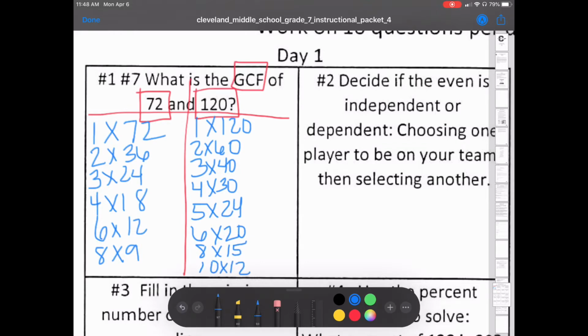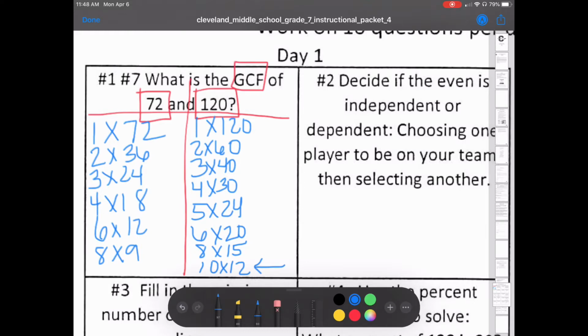If I wanted to keep going, I could try 11. 11 is not a factor of 120, so then I would go with 12, and I would get 12 times 10, and that would repeat this one right here. So once you start repeating, you know that you're all done.